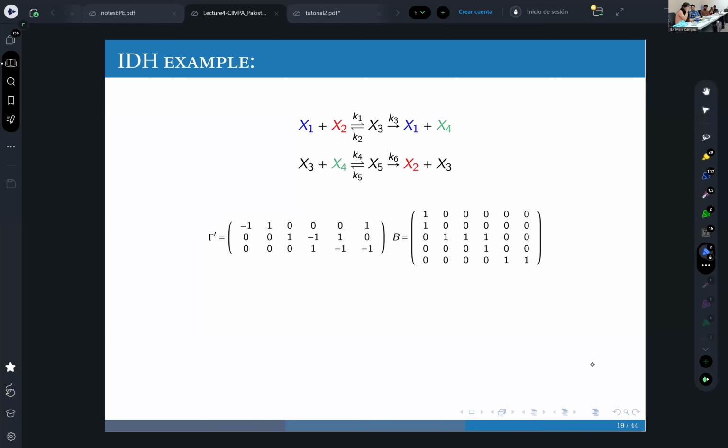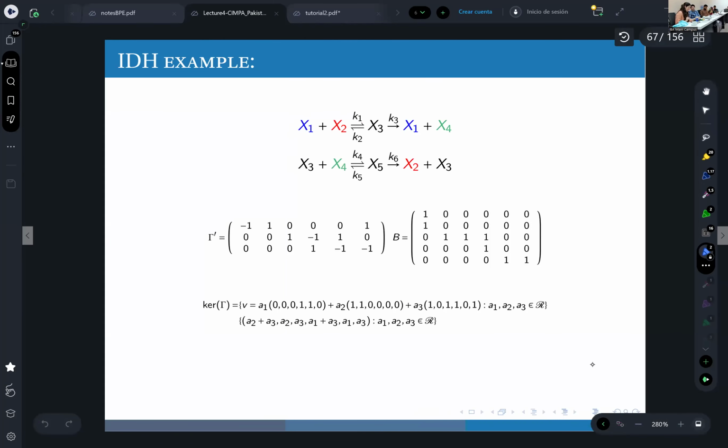And then what I need to use my criterion is to first find all elements in the kernel. And I can find a basis of the kernel. The kernel has dimension 3. So I can find 3 vectors in the kernel. This.